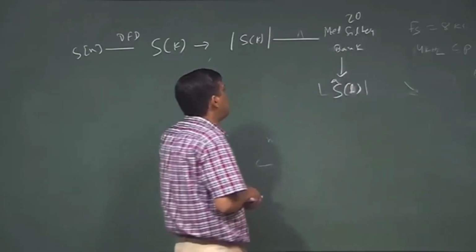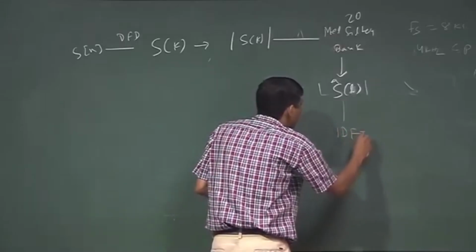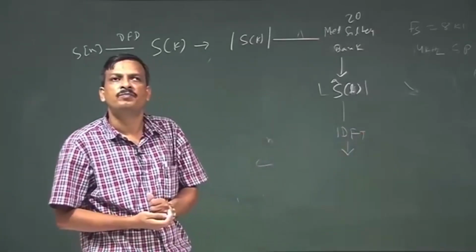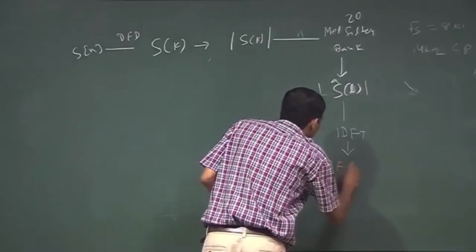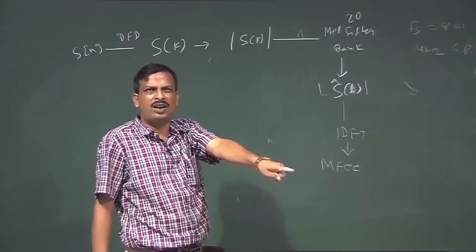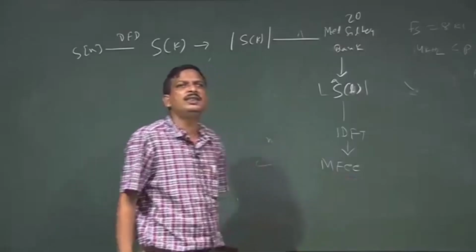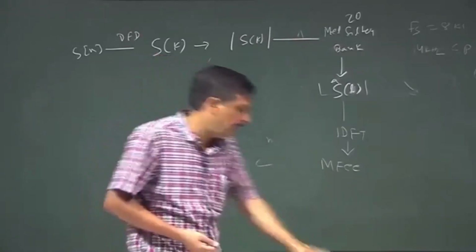Once I get the mel spectrum, I can pass it through an IDFT to get the MFCC. The delta and double delta will come later on. So, I get MFCC, mel frequency cepstral coefficient.